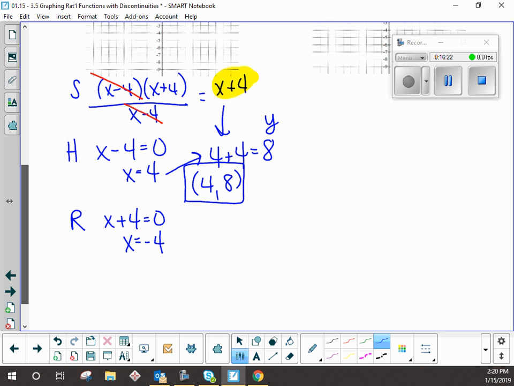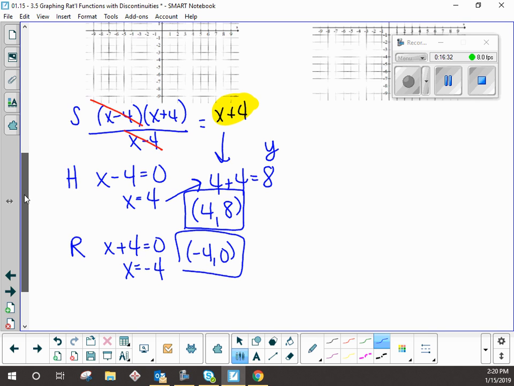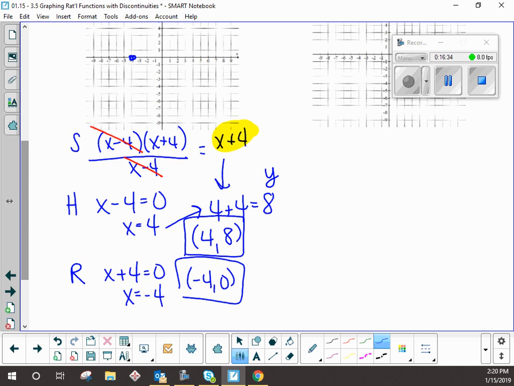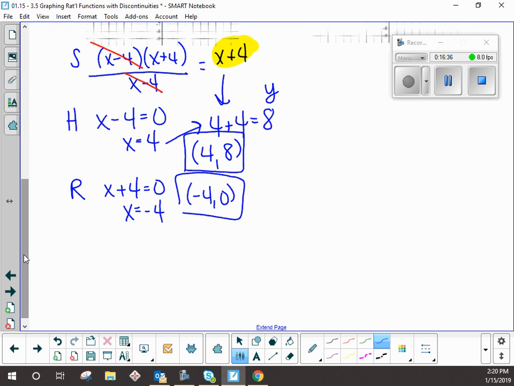Do I write that as a point or as a line? Perfect. So it's -4, 0. I'm going to put that on my graph. So right now I have a closed circle at -4, 0 and an open circle at 4, 8.